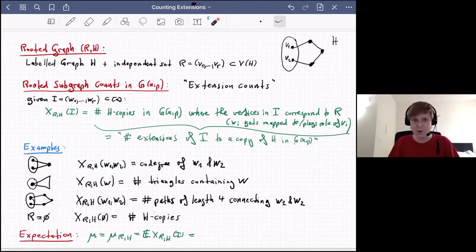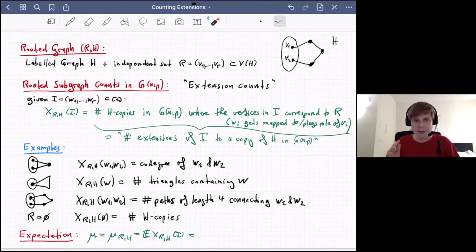So that's just the codegree of these two particular vertices, W1 and W2. Then here's an example we've already seen a few times: a triangle that I want to root at one particular vertex. This extension count is just the number of triangles containing W. You can do it similarly for other structures, like this path that we root at its endpoints. This is just the number of paths of length 4 containing W1 and W2.